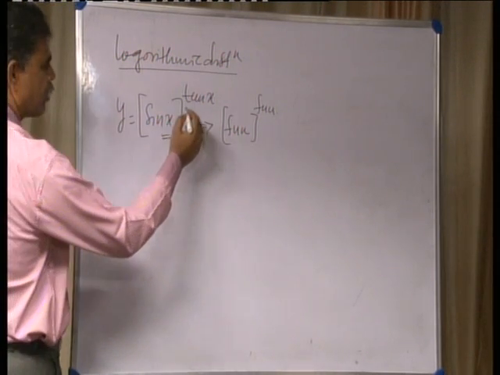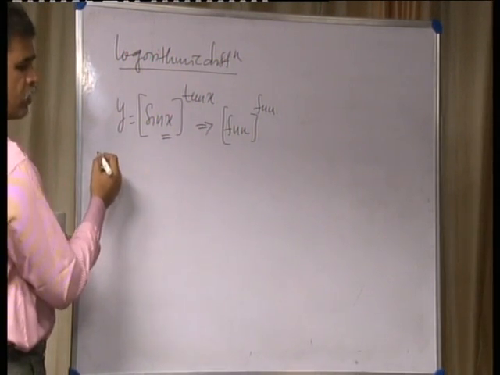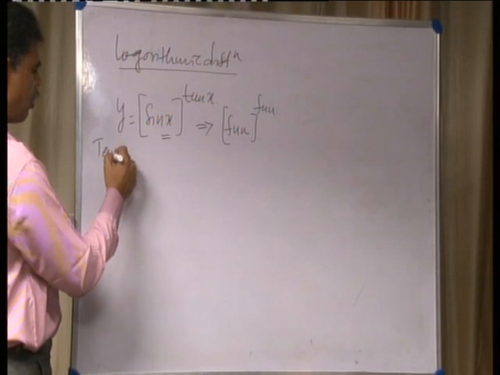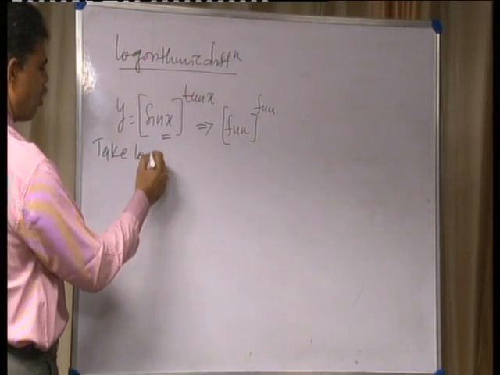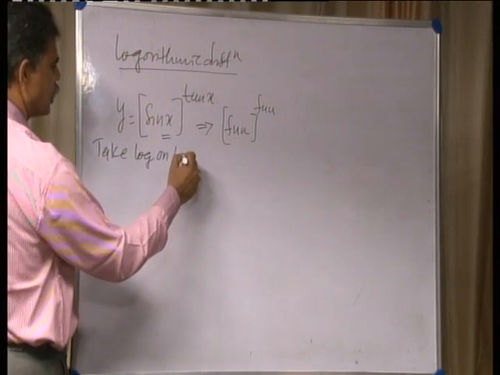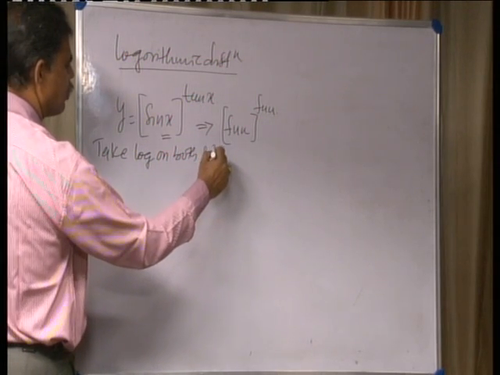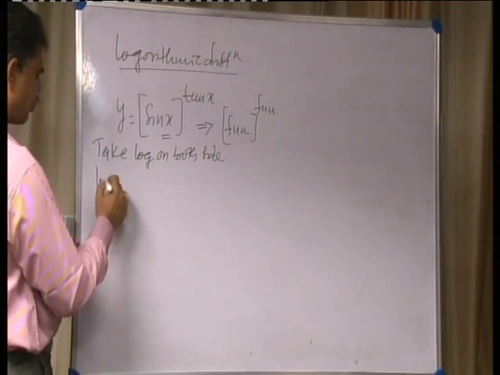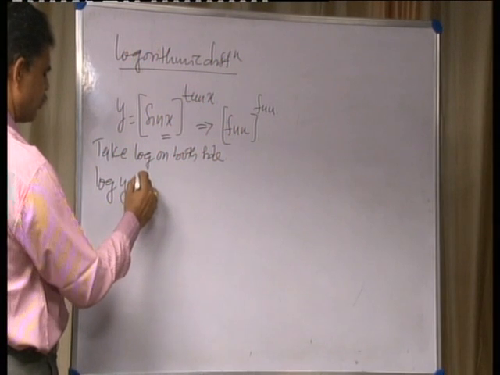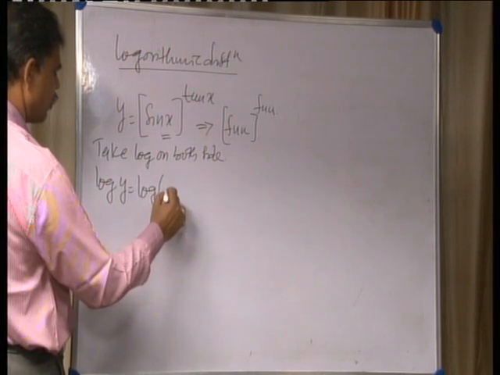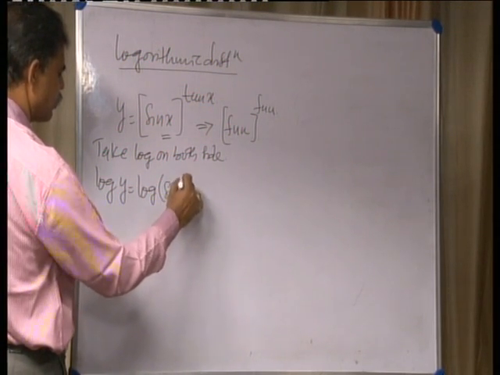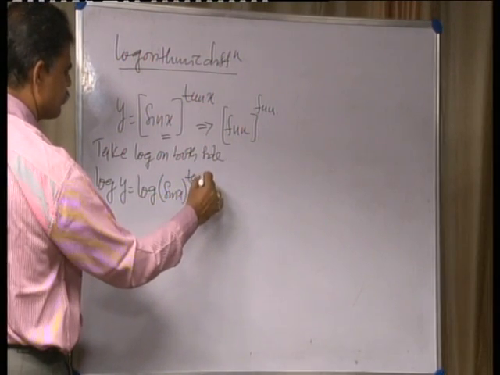Function to the power of function is given. What we have to do? We have to take log on both sides. It will become log y is equal to log of sin x to the power of tan x.